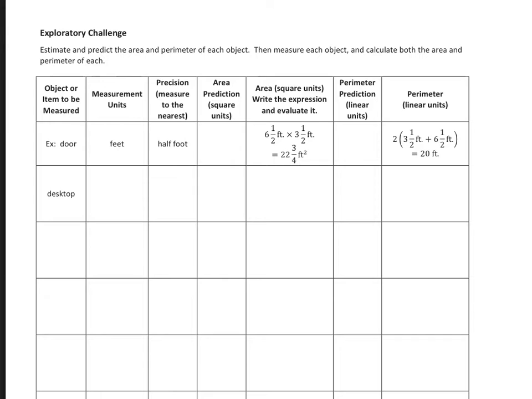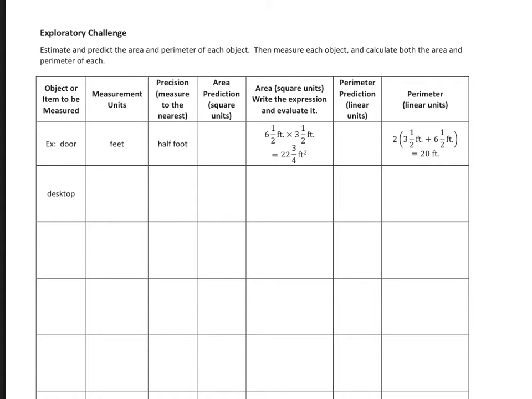So this is a good opportunity for you to challenge yourself and find things around your house. Obviously, we're not at the school right now during quarantine, but you can find other things, maybe not a desktop, maybe a tabletop. Try and find rectangular objects to make it easy, or triangular objects, because we do know how to do that.